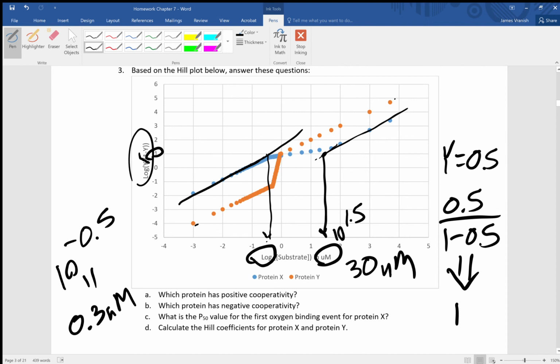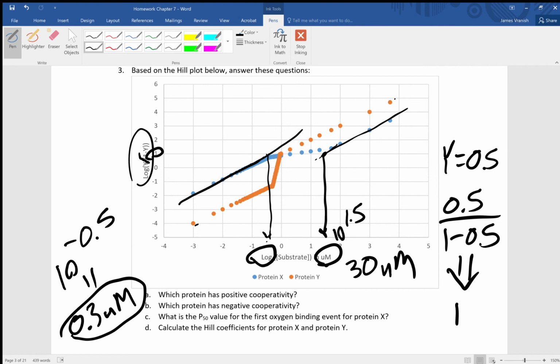So our first binding event for the blue curve has a binding affinity, or KD value, or sorry, KD or P50, I should say. Should actually be a KD because these aren't units of pressure. My bad. We'll just do KD for now. Of about 0.3 micromolar. The later binding event has an affinity of 30 micromolar.